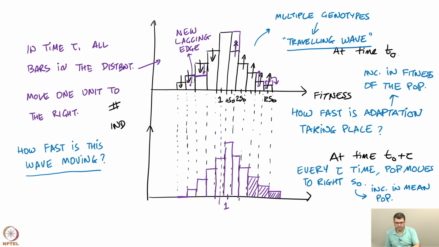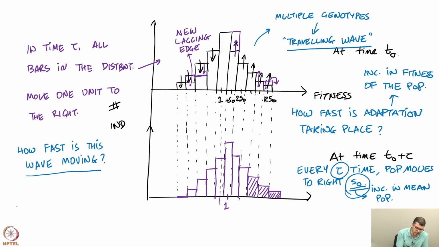It's the same idea here, that everybody had a fitness. We added S0 fitness to everybody in the population. So, by how much did the mean fitness of the population increase? By the amount that was added to everyone's fitness, by the amount that was added to everyone's score in the exam. But this S0 increase in fitness took place in time tau.